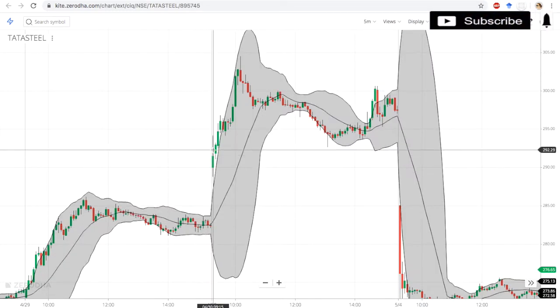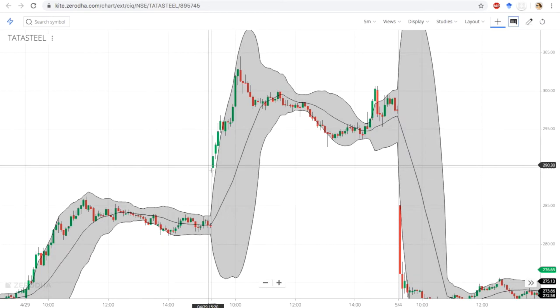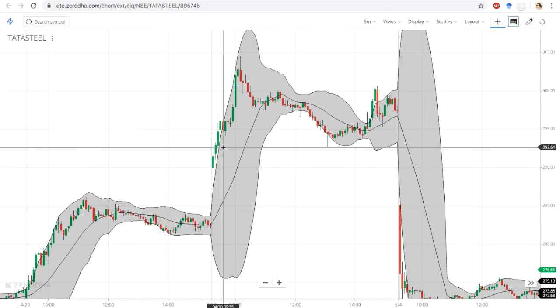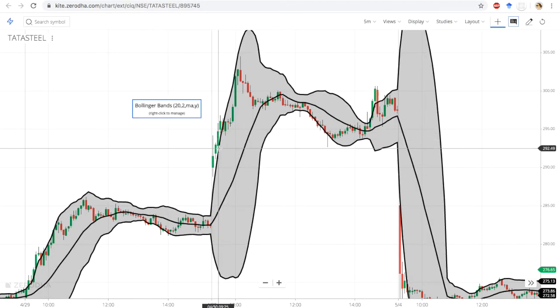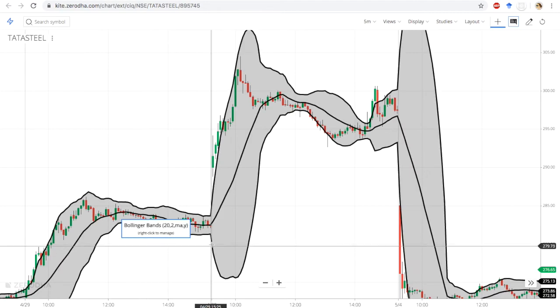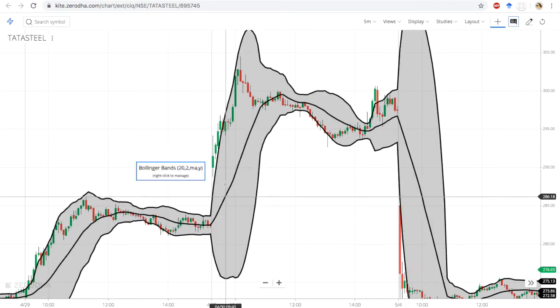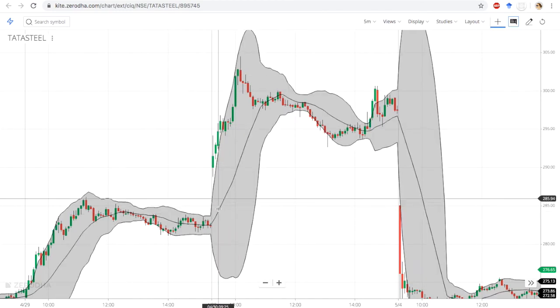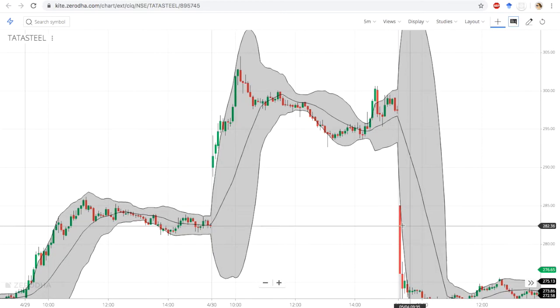It may go up or go down, but in both cases the bands expand: the upper Bollinger Band expands to the upper side and the lower Bollinger Band expands to the lower side. The price can move in any direction. In this case, the price is below the lower Bollinger Band.